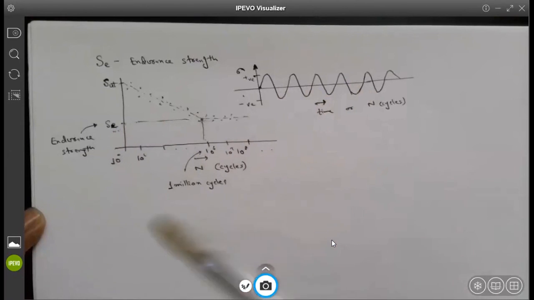And endurance strength of a material is a function of many different parameters: the surface condition, whether it is a smooth, ground or coarse surface, whether it has surface impurities, what manufacturing processes were used for fabrication of the component, and what environment this component is operating in.